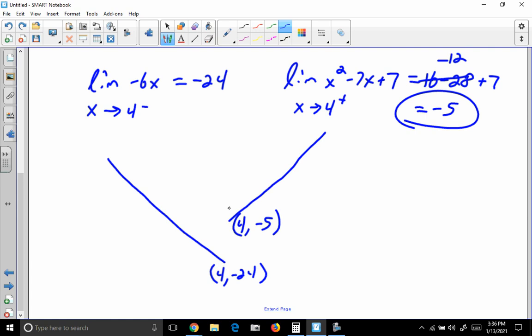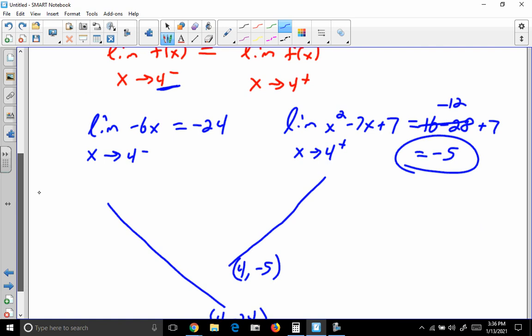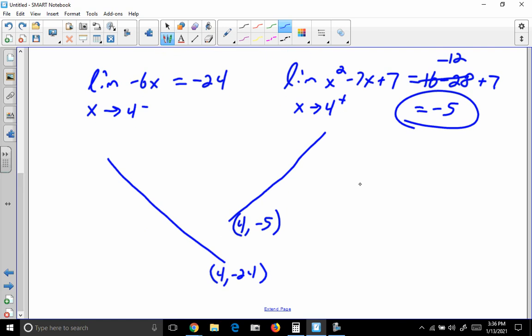So we're approaching two different y values. So there's a gap there. We're coming to two different locations. So A, the limit does not exist. And if the limit does not exist, then it's not continuous there. So it is discontinuous at x equals 4. The two portions of the graph do not come together.